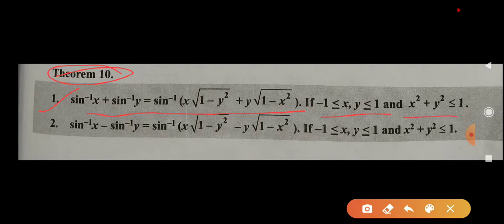Now one more condition: x square plus y square should be less than or equal to 1.